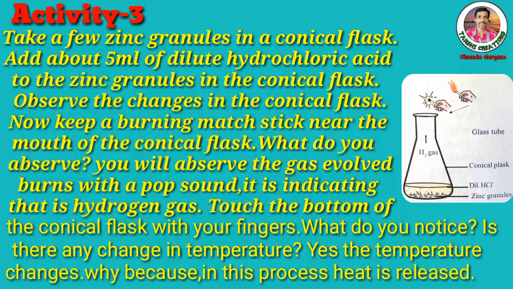What do you observe? You will observe the gas evolved burns with a pop sound, indicating that it is hydrogen gas. Touch the bottom of the conical flask with your fingers. What do you notice? Is there any change in temperature? Yes, the temperature changes. Why? Because in this process heat is released.